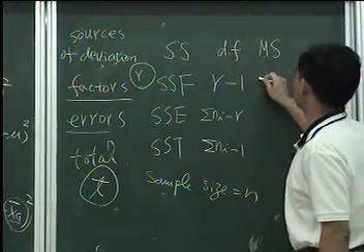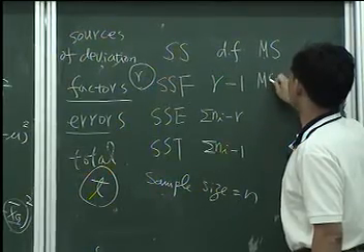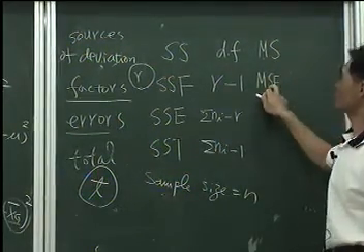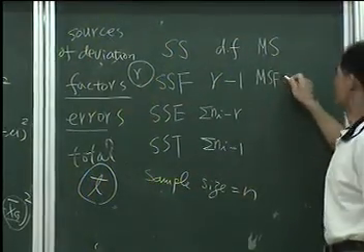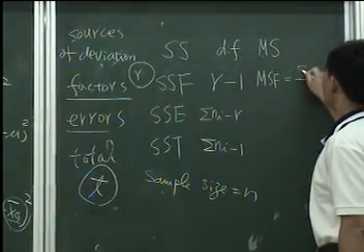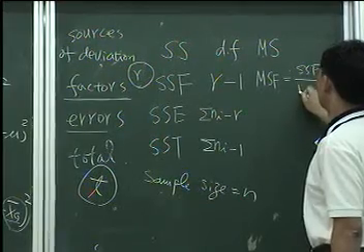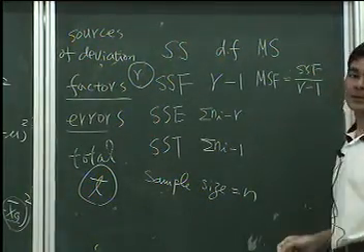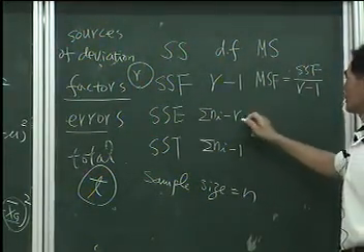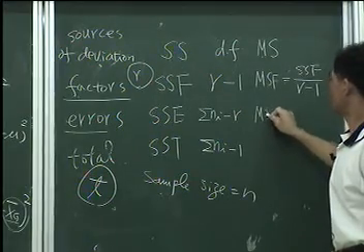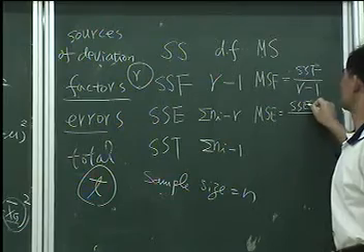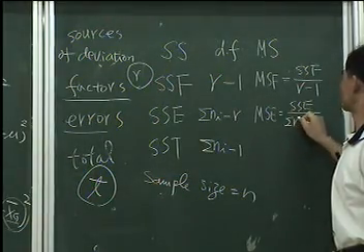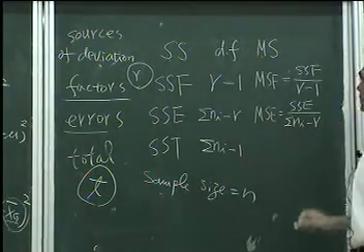So SSF gives MSF. The mean square due to factors would be SSF divided by R minus 1, okay? And for this one, it is MSE. It is equal to SSE divided by summation Ni minus R, right?